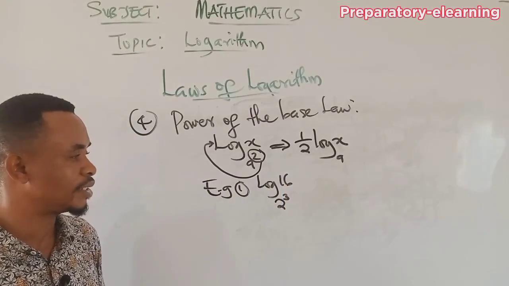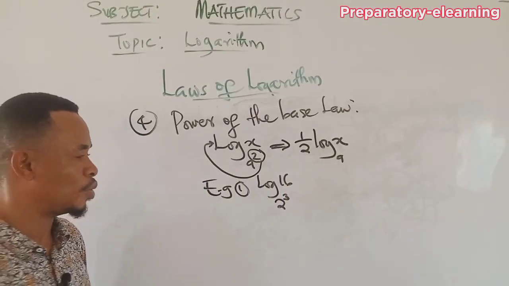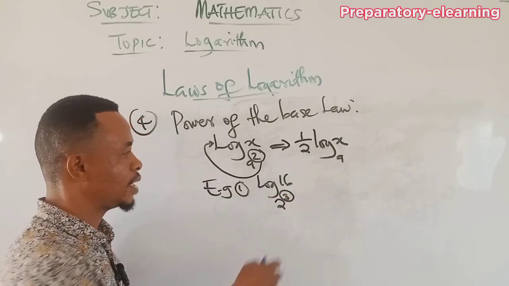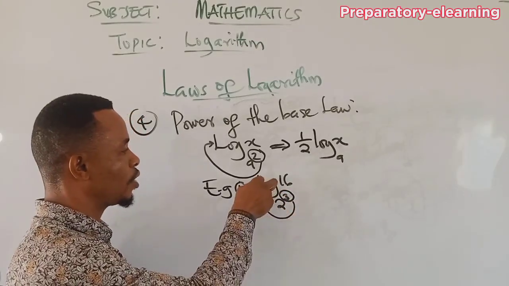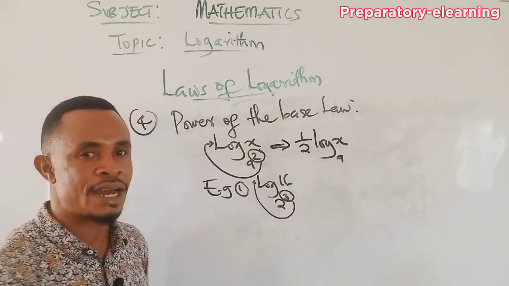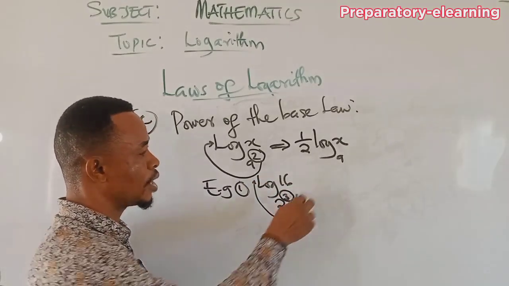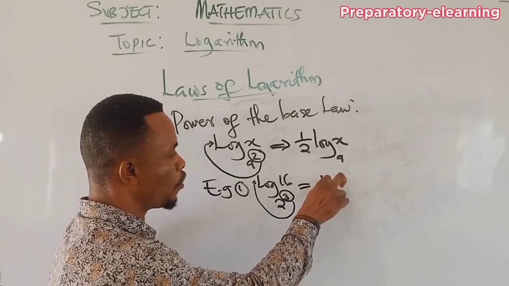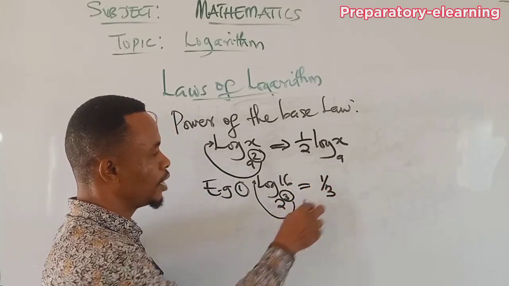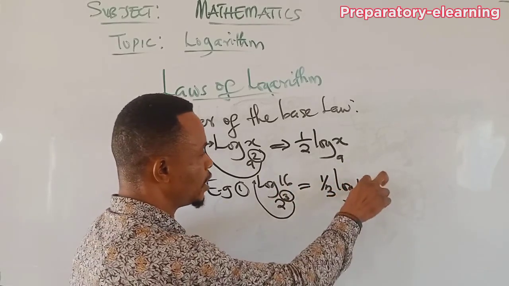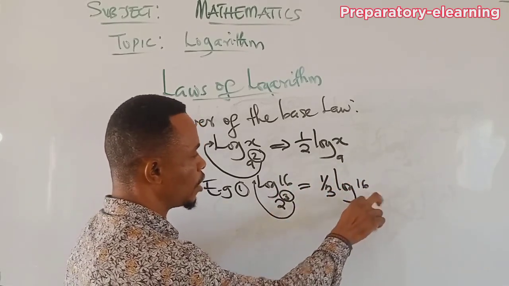Don't forget, first thing first, you move out this power 3 from the base. It will come behind the log, but as an inverse. Now, when this 3 leaves this place to come behind the log, it becomes what? 1 over 3 log. You write the log, write the number 16, and the base here is now 2.